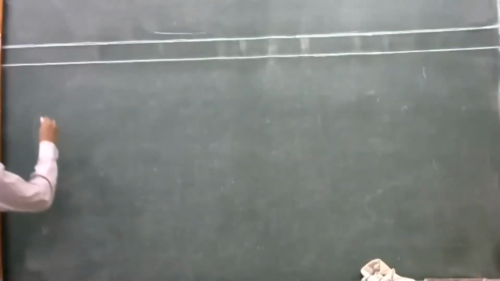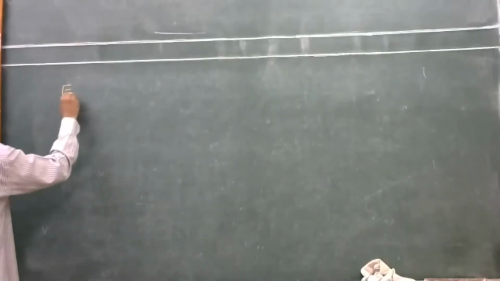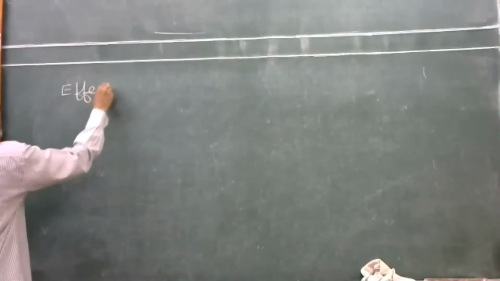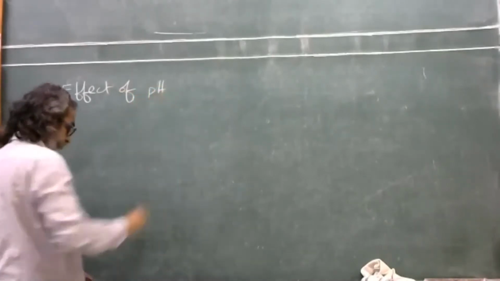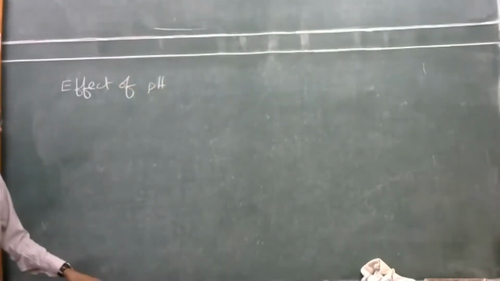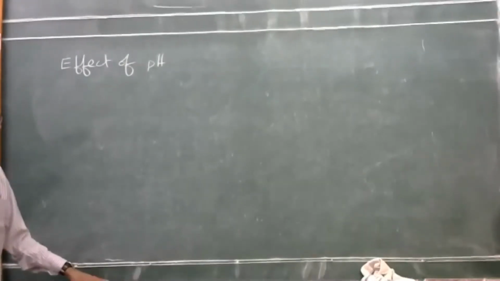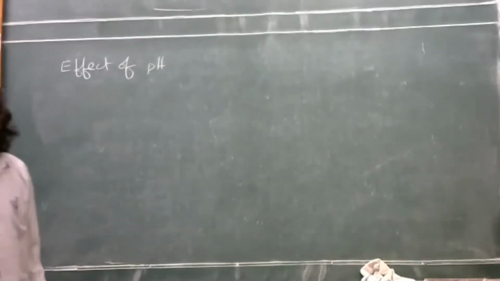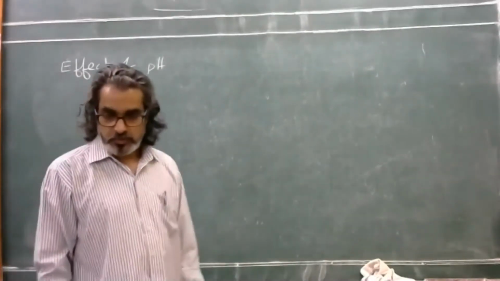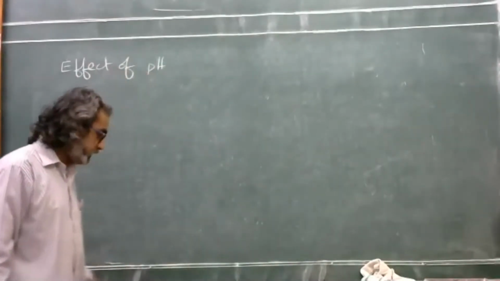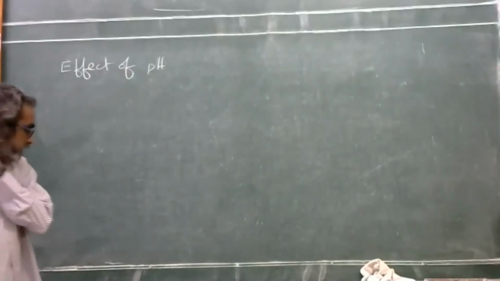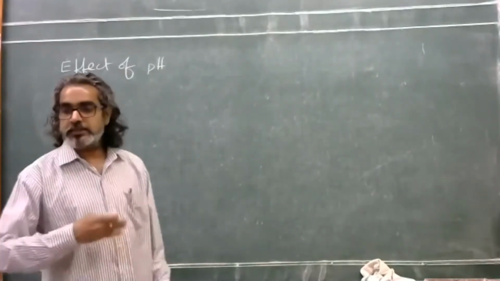Okay, so first one is the effect of pH. As CO2 builds up in tissues, where oxygen is converted into work and finally CO2 gets released, the acidity increases.